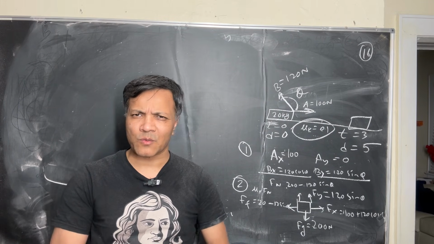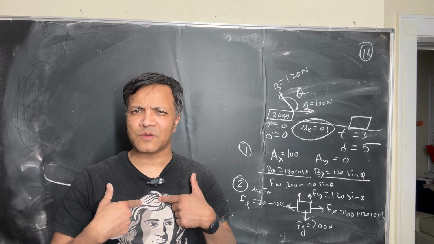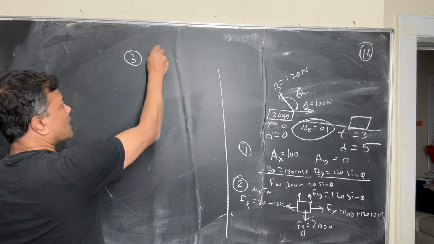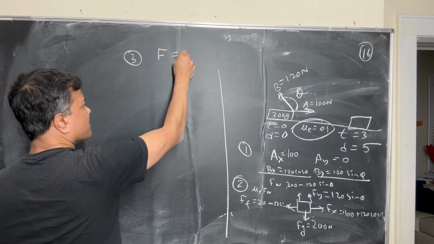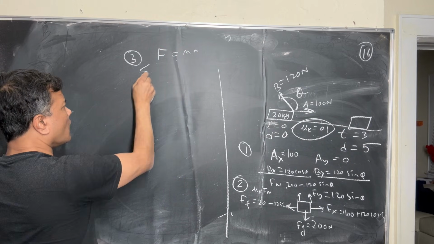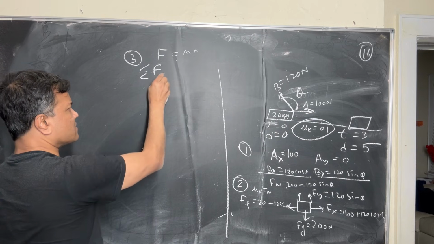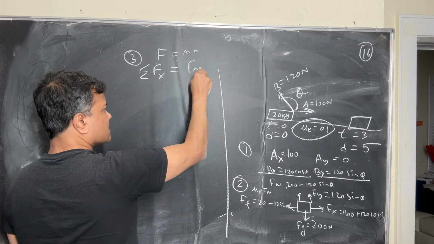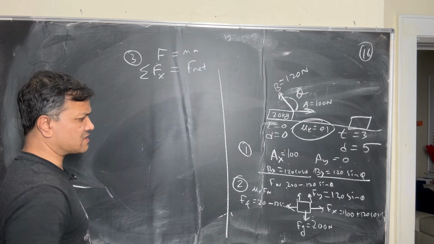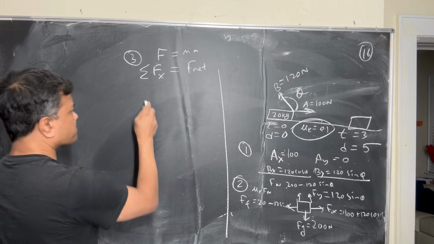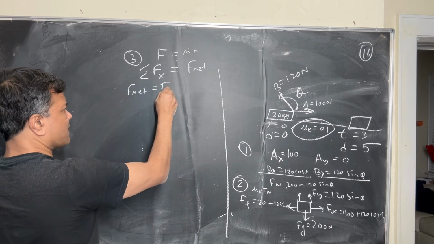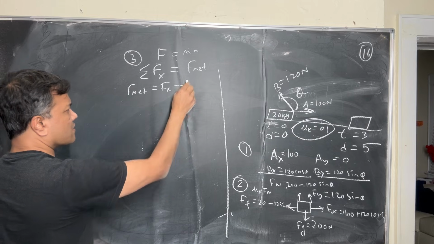Now, once you finish the free body diagram, you always use Newton's second law. Sum of F equal to ma. All the forces acting in the x direction. We're going to call it F net, because ma is equal to F net. So F net is equal to Fx minus Ff.